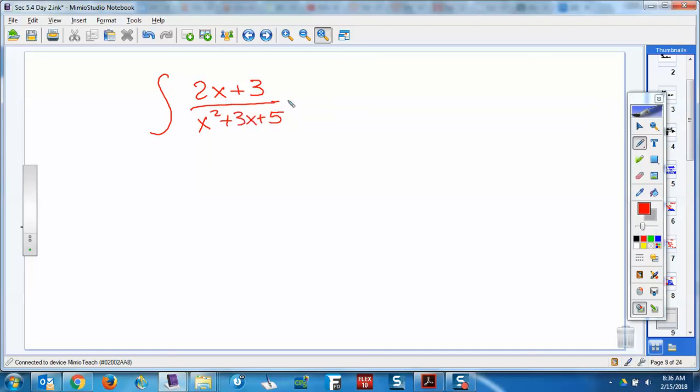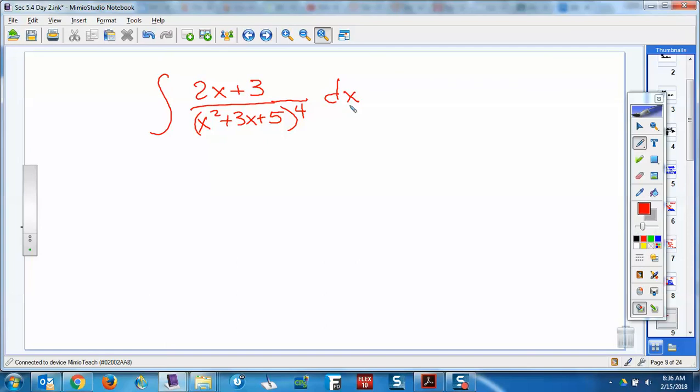Like that? Yep. And the bottom's all to the 4th? Yes. Right? Like that. Okay? All right, so now, with everything that we've talked about, what do you suppose you would pick for the u?